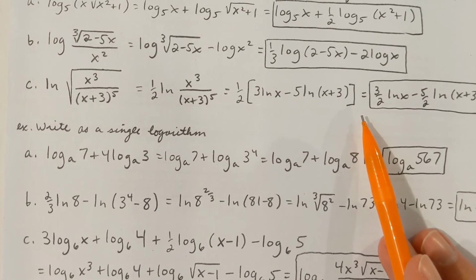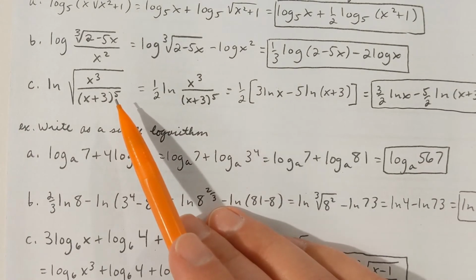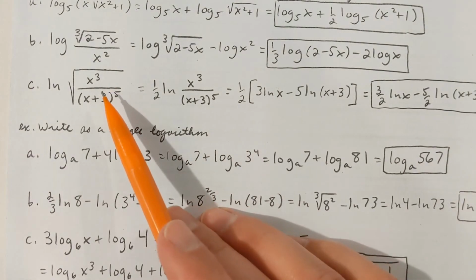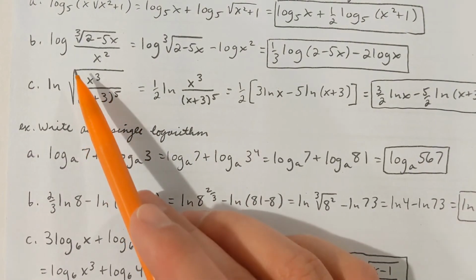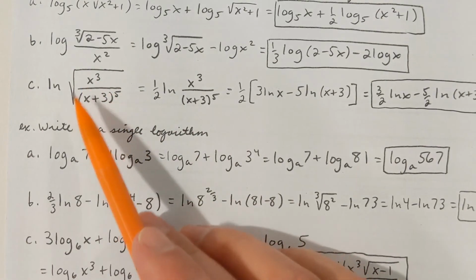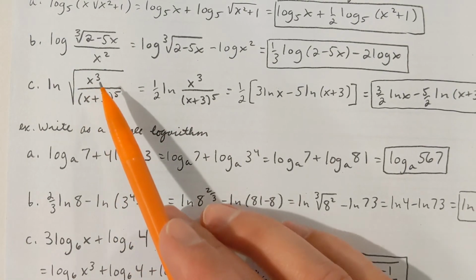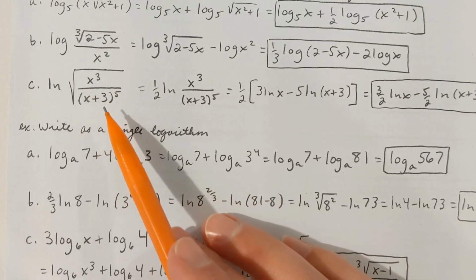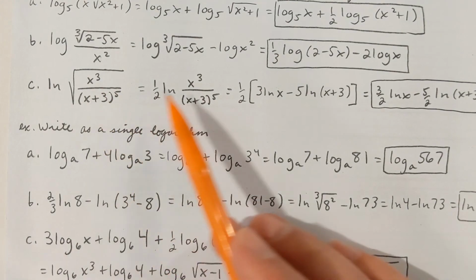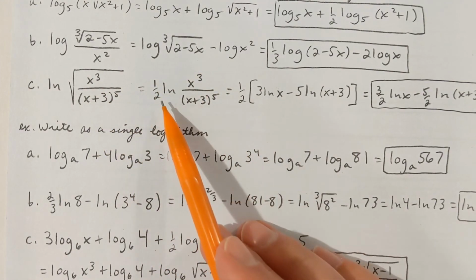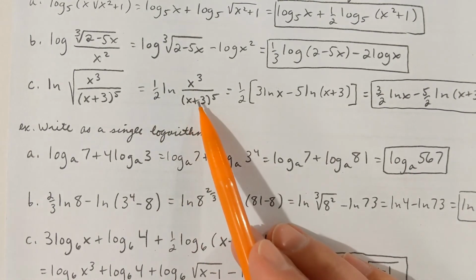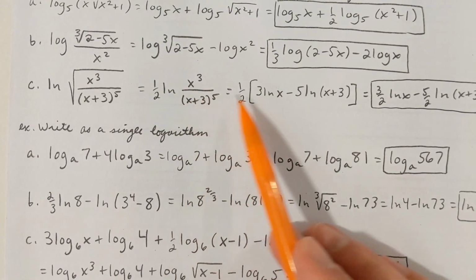Okay, part C. Again, we're simplifying. Now, before I split this into two logarithms, the first thing that I'd want to do is take care of the square root here. I could think of this as this entire expression being raised to the 1/2 power. So let's go ahead and bring the power in front. And then we can split this logarithm into two.